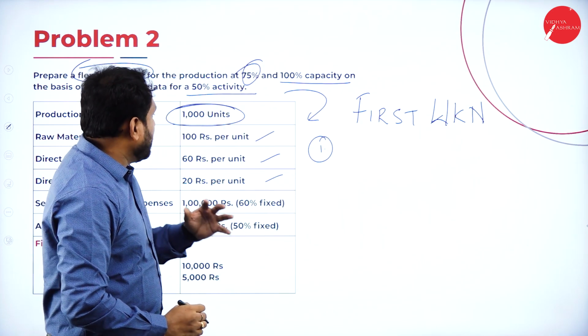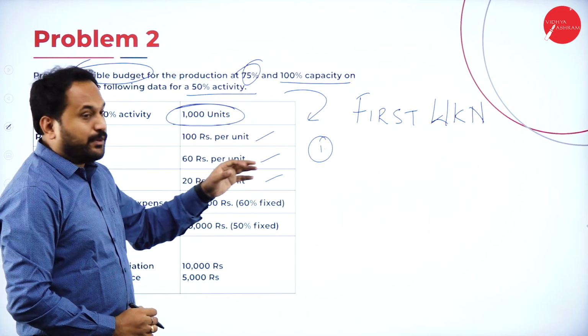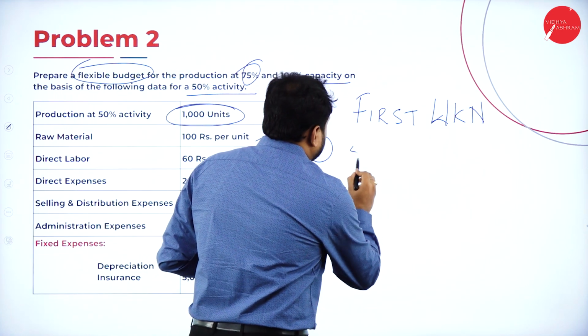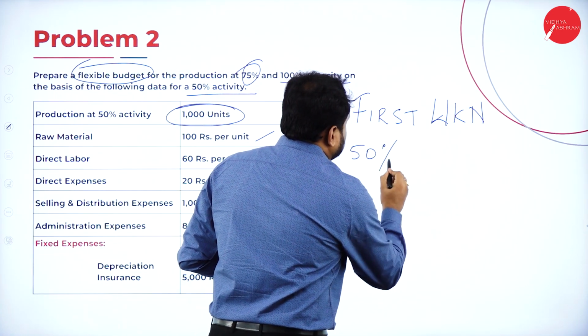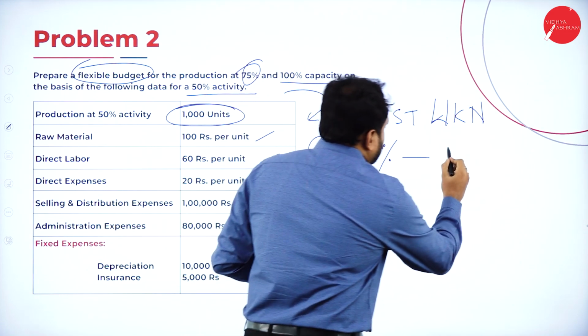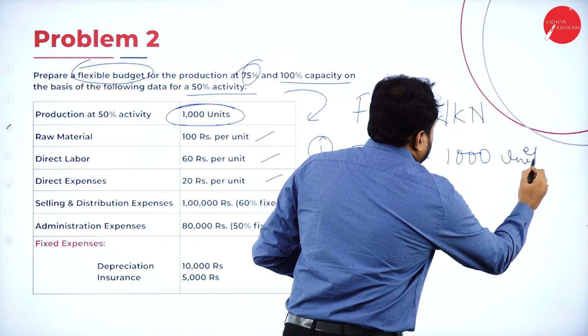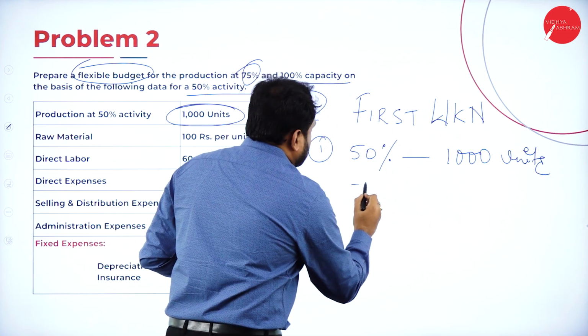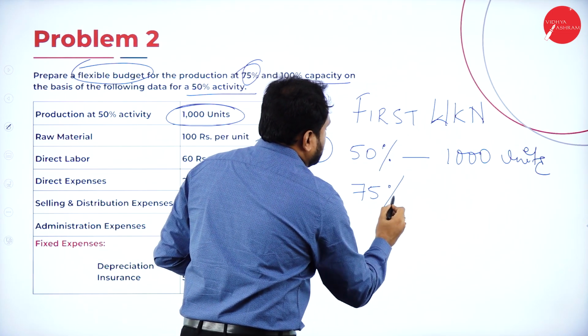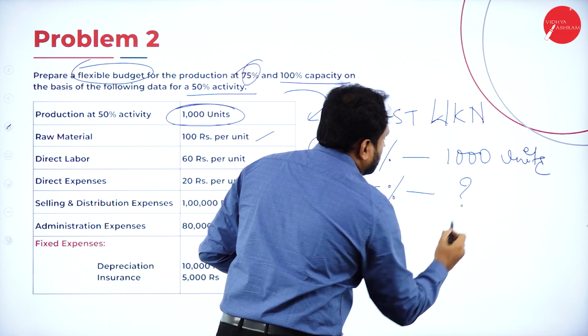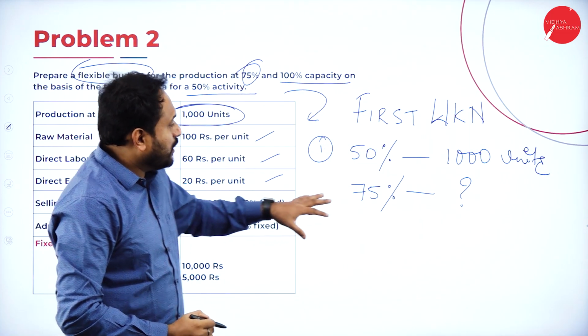In the sense, we know that for 50% activity we produce 1,000 units, correct? Now for 75%, how much is a question mark. So I told you how to find this.